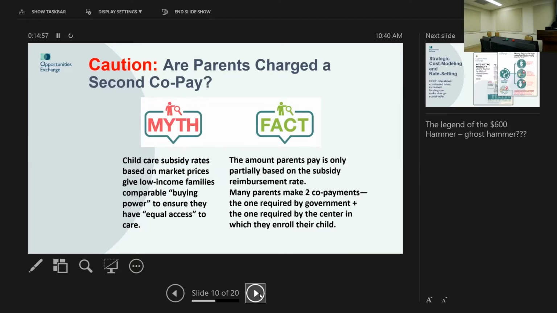That's the copay from the state's perspective. But right now, I'm guessing 90% of states, maybe a little less, allow providers to charge parents the difference between the maximum rate that they charge and what the state's maximum reimbursement rate is.